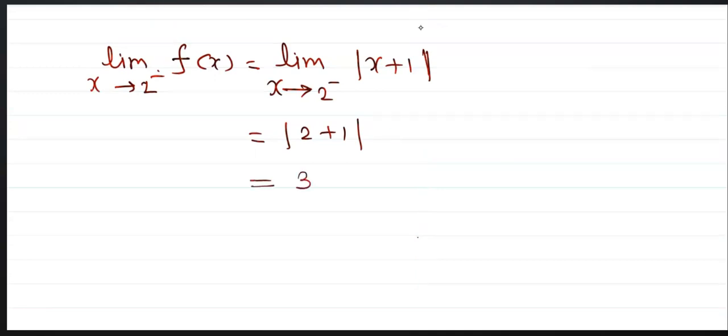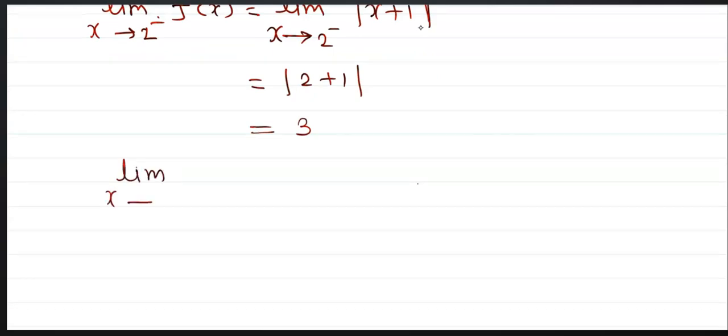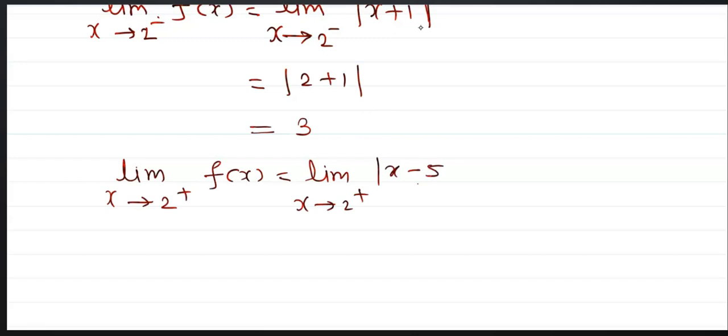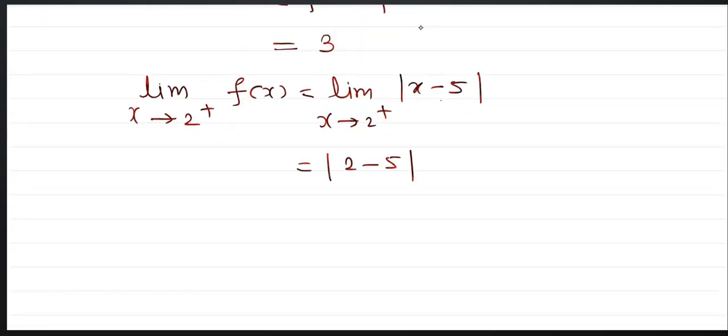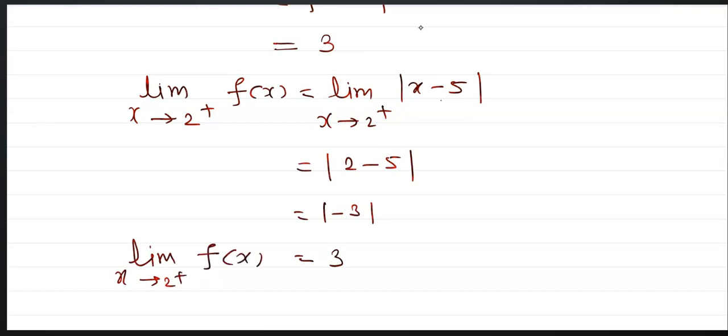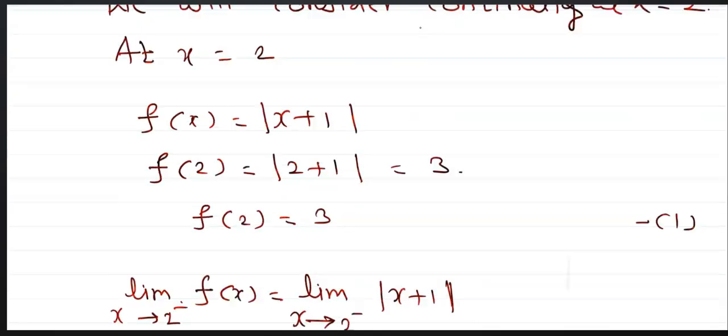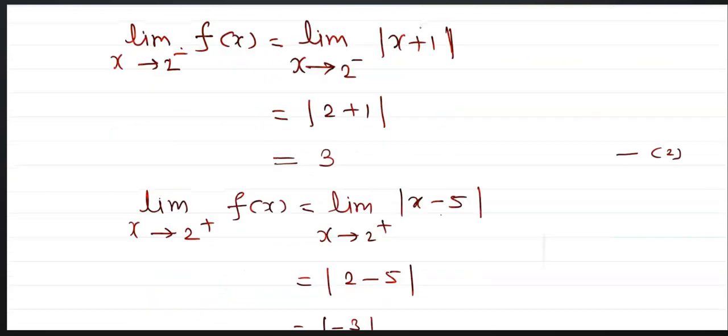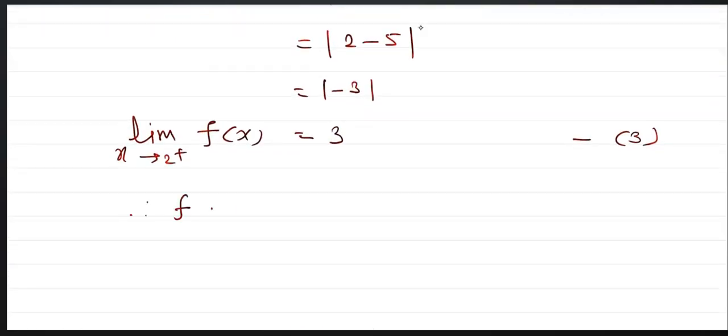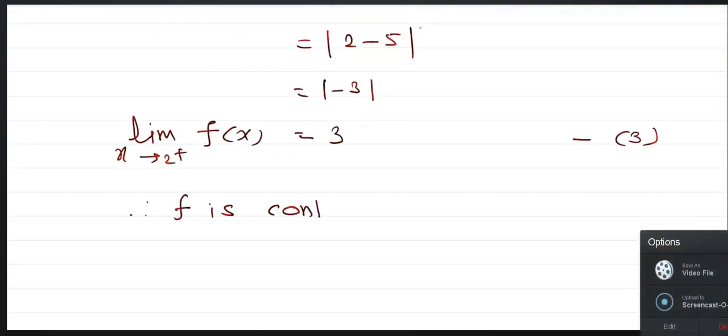Now the right hand side limit, the function is mod of x minus 5. x is replaced by 2, minus 5, that is 3. And therefore, in this case, the left hand side limit is equal to the right hand side limit is equal to the value of the function.